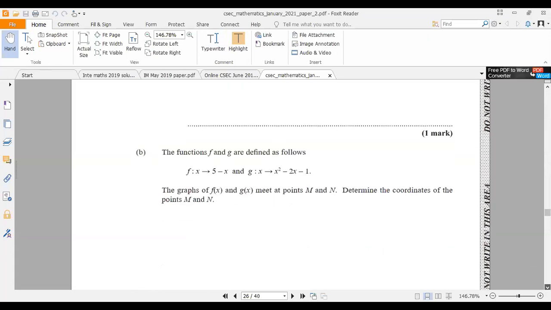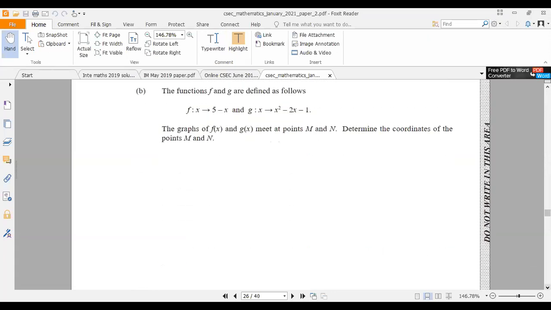Let's go to the next question. Functions. The functions f and g are defined as follows: f(x) = 5 minus x, g(x) = x squared minus 2x minus 1. Determine the coordinates of M and N. What will I do here? What is CXC asking us to do?